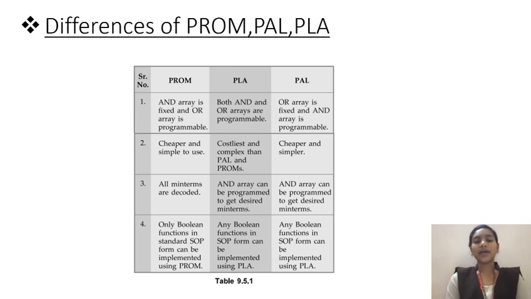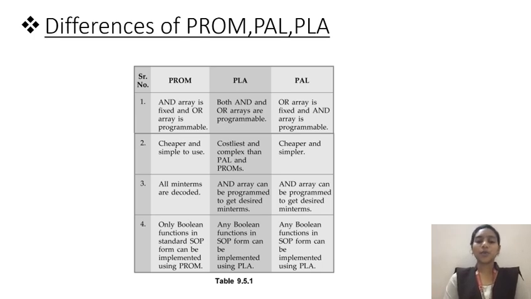So by comparing, PROM and PAL are used more often than PLA, because PLA contains components which are way costlier. In PROM, all minterms are decoded, and in PLA, the array can be programmed to get the desired minterms. In PAL, the AND gate array can be programmed to get the desired minterms.